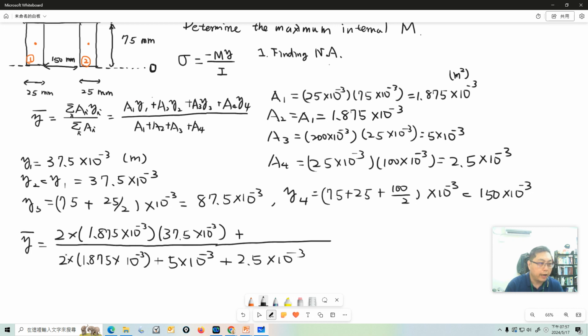And A3 Y3, where Y3 is 87.5 times 10 to the power minus 3. And the final last term is A4 Y4.